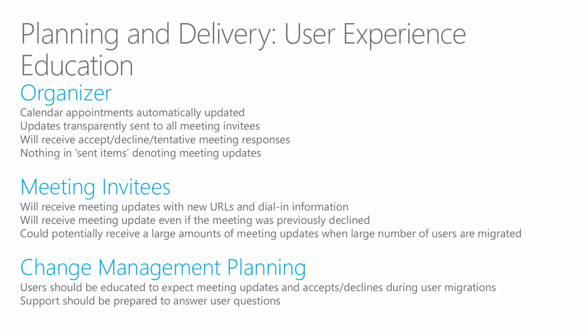It takes it out of their inbox, makes sure their calendar's updated, they're good to go. However, if they had previously declined that meeting, they will still get a new meeting invite with the new coordinates. And so chances are that they will be going through and declining that meeting again or saying tentative or however they want to respond to that meeting.